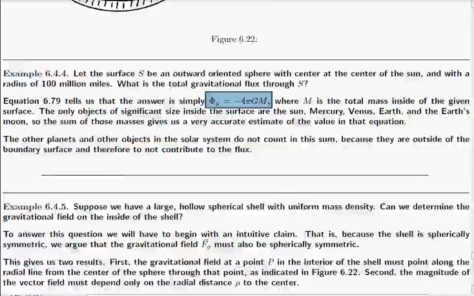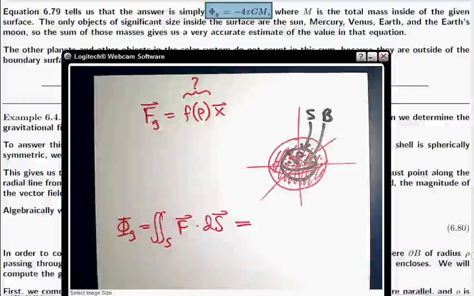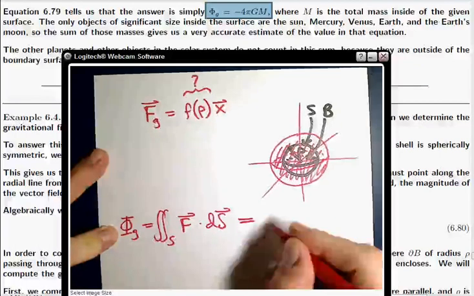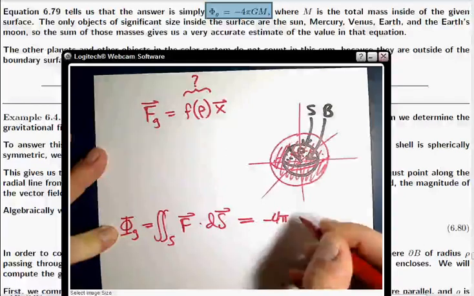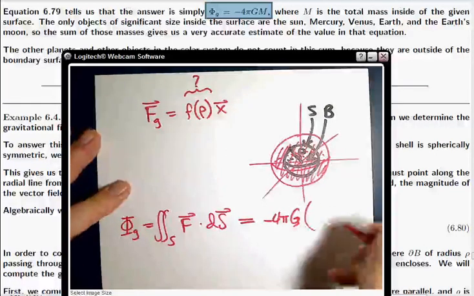Going back to it, the gravitational flux, as per the formula, is negative 4 pi G M. Now, what is our mass?